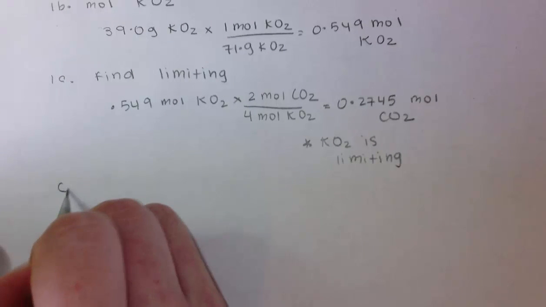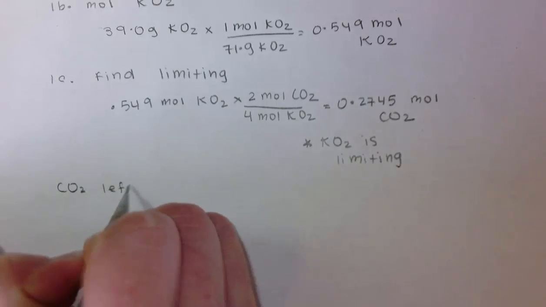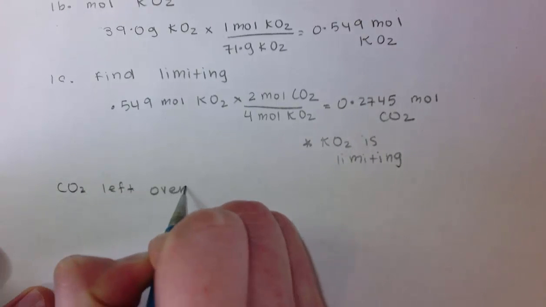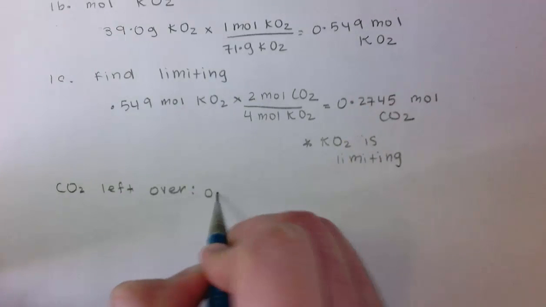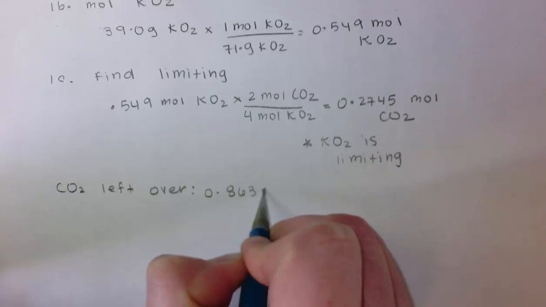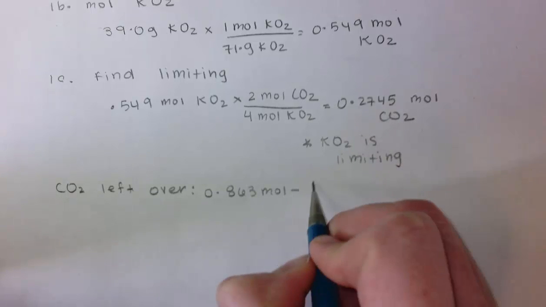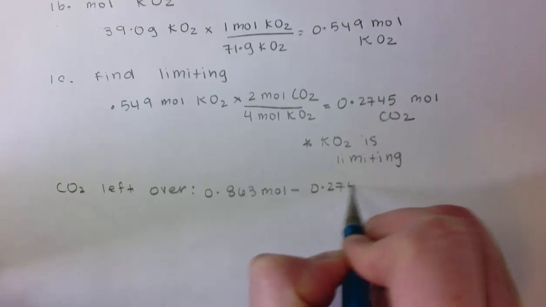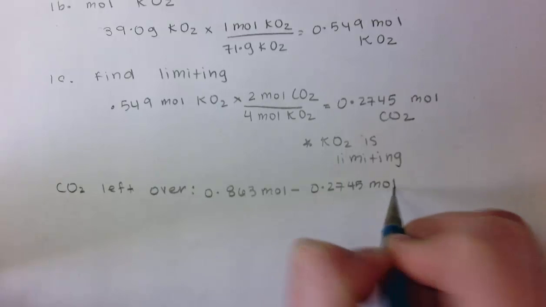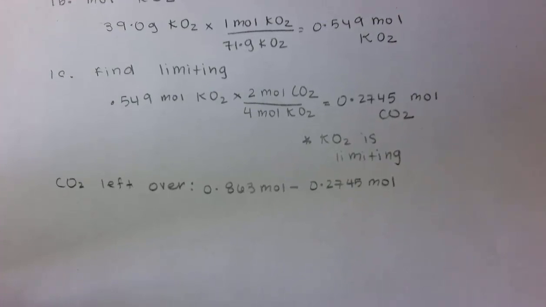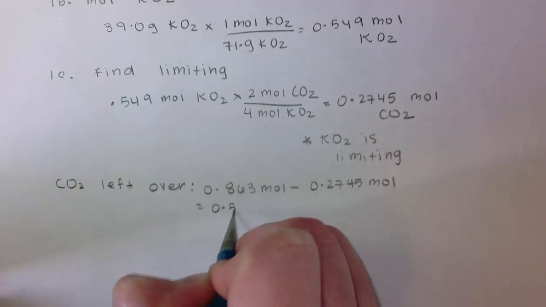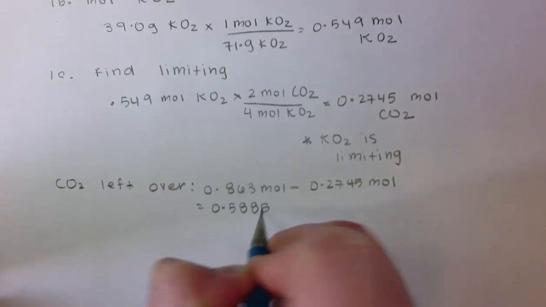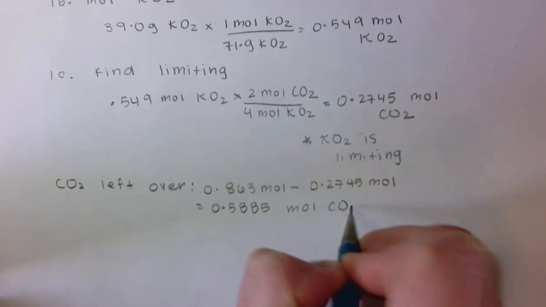To find the amount left over, I'm going to take the initial amount that we found, which is 0.863 moles, subtract the 0.2745 moles that we need to completely react KO2, and I get 0.5885 moles of carbon dioxide that are left over.